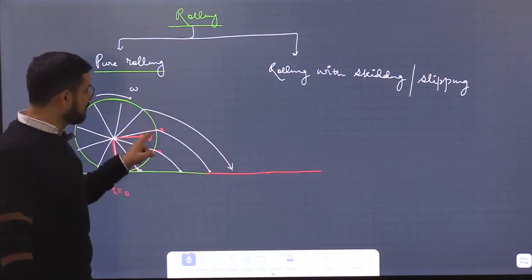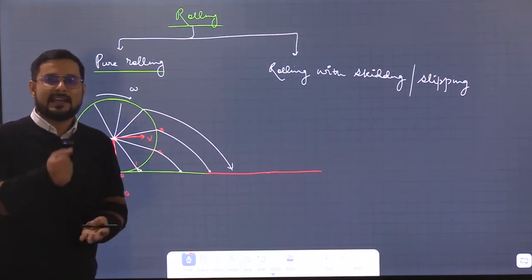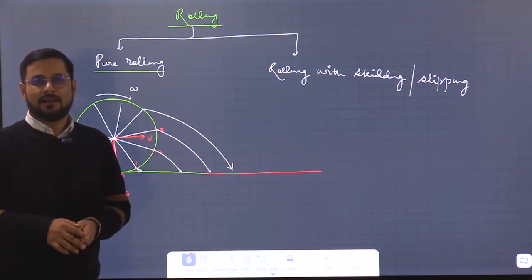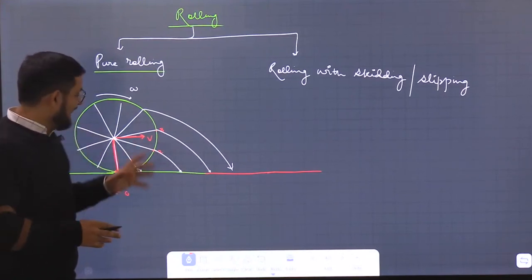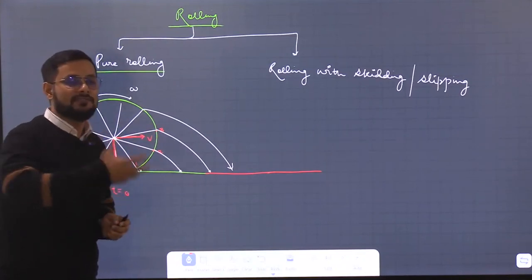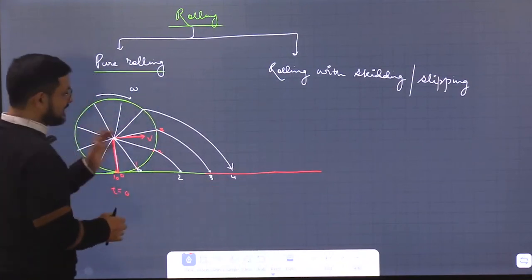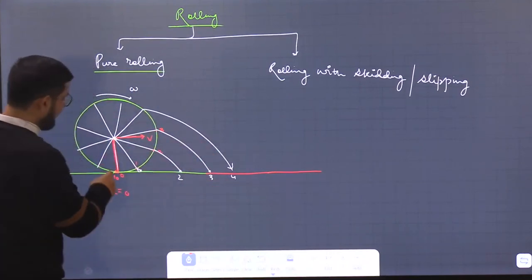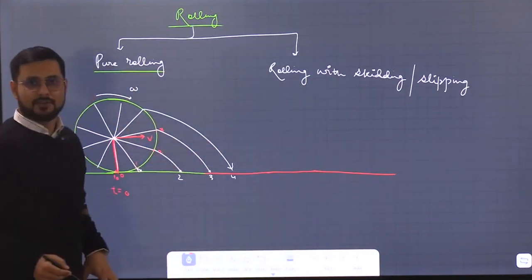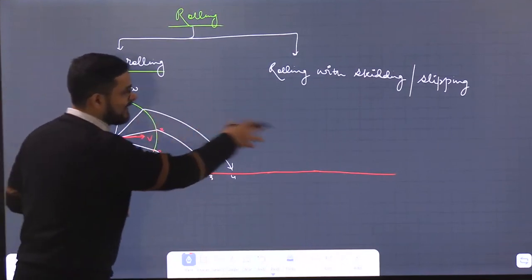Suppose these points are colored, just like when we stamp some paper and the impression of the stamp is left on the paper. Similarly, these points leave their impression on the ground, and at last point number 10 will also leave its impression when its turn comes.